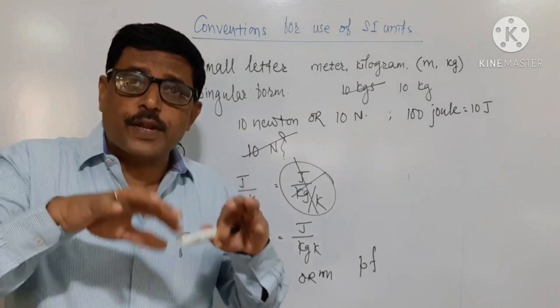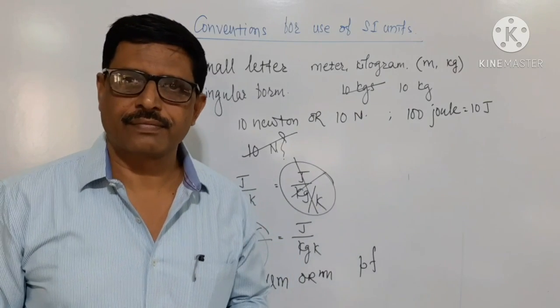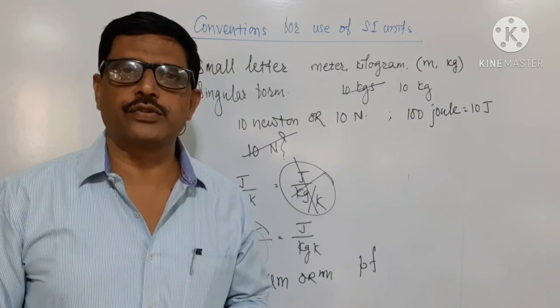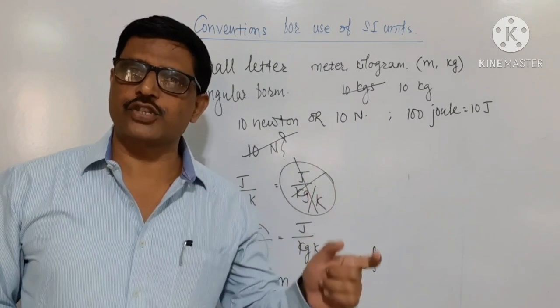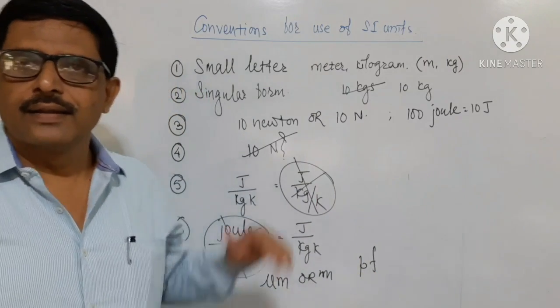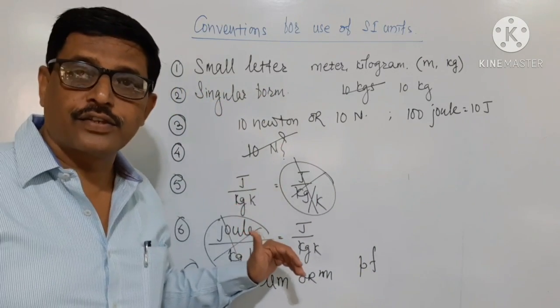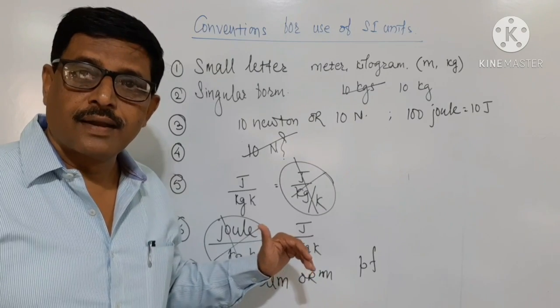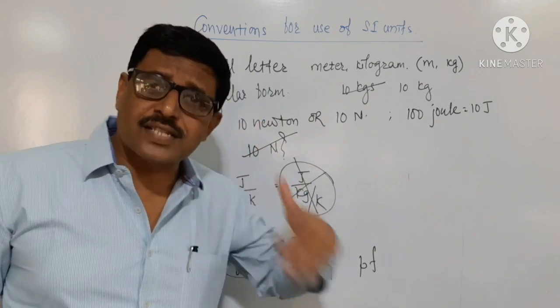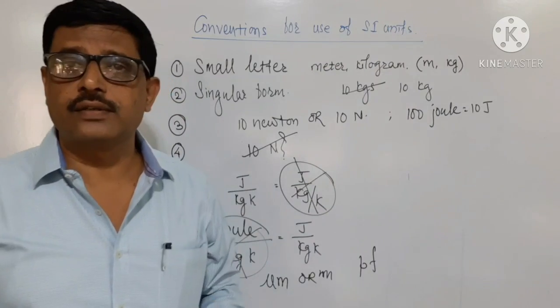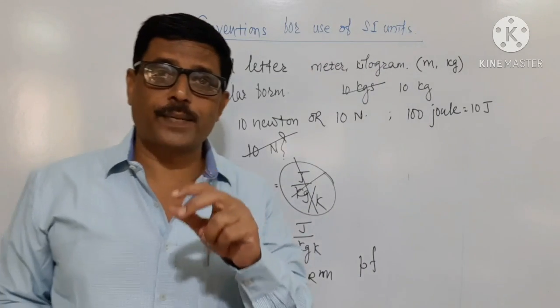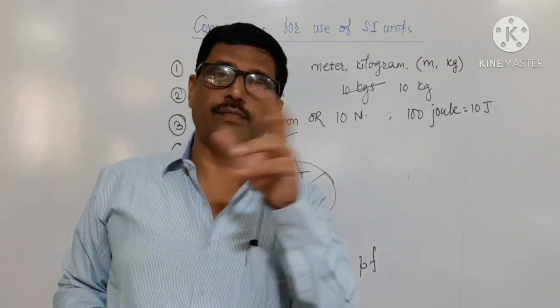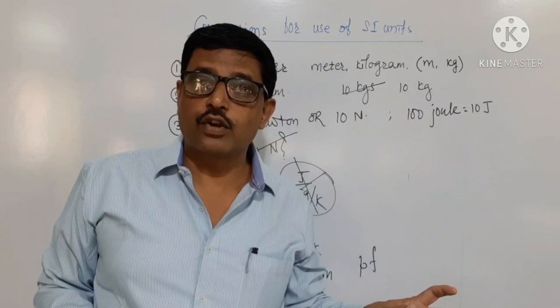With all these precautions, you have to write the units whenever necessary. And these are the conventions for writing the units. There are numerous derived quantities in physics. We can obtain the unit of the derived quantities from the unit of the fundamental quantities.